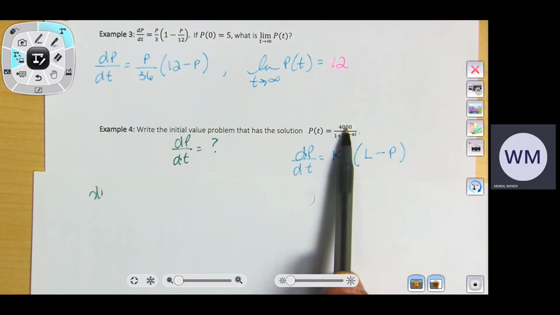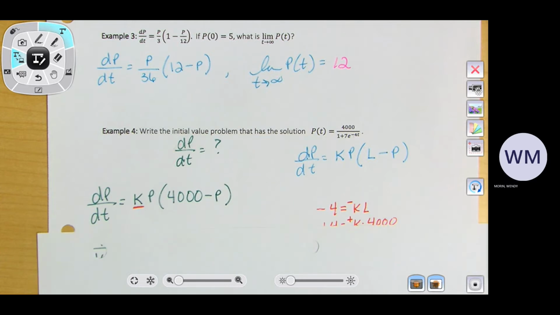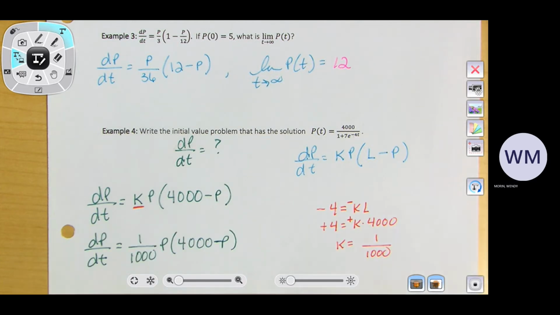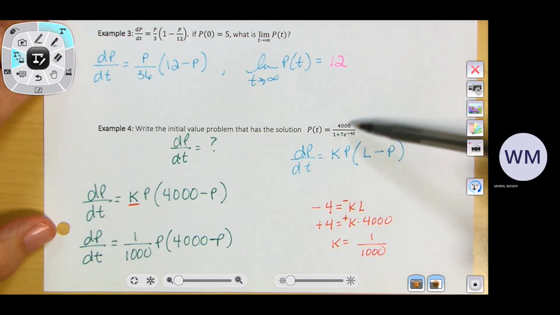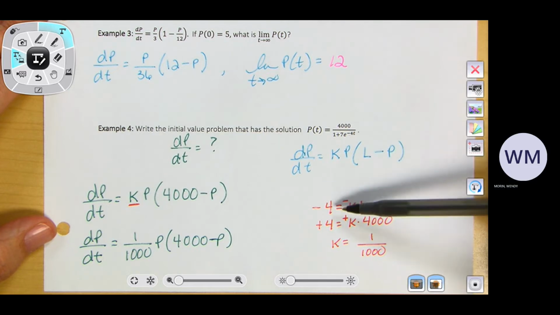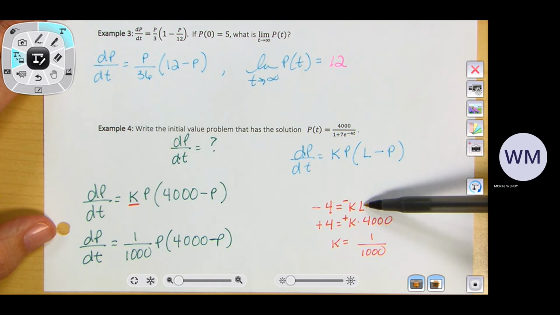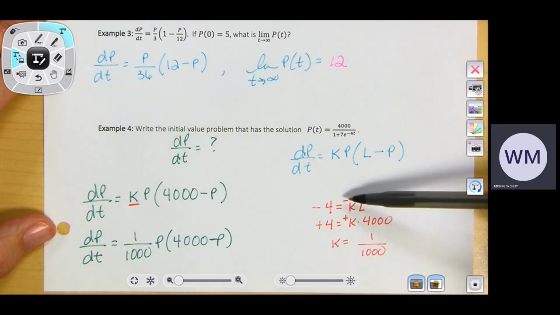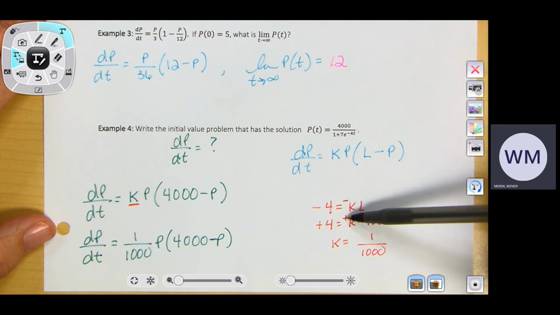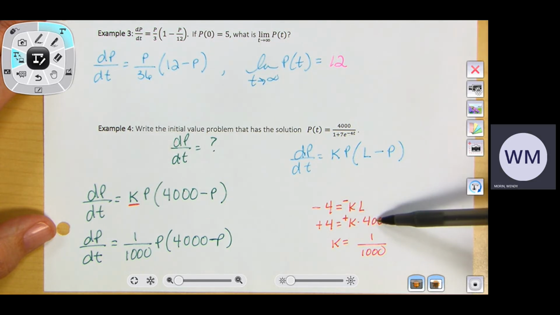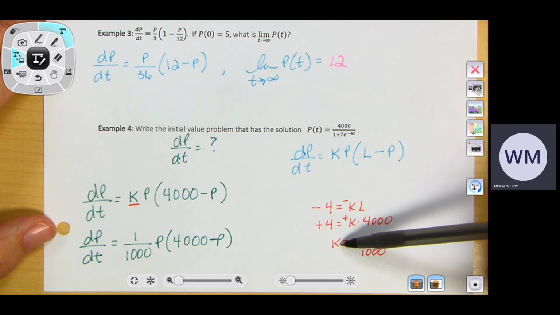So set up an equation and do a little algebra, which is right here. -4 is -k times L, and your L is 4,000. So I can multiply both sides by a negative, make them positive. I can substitute in my 4,000, and I can find my k.